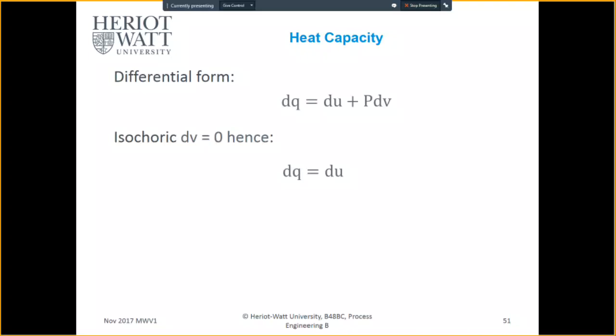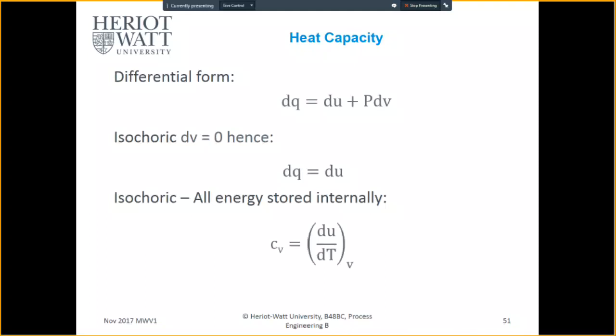Hence, for an isochoric system, the change in heat equals the change in internal energy only. Because the volume doesn't change, there is no work done. So work is 0. So isochoric, all energy is stored internally. Hence, Cv equals du over dT.